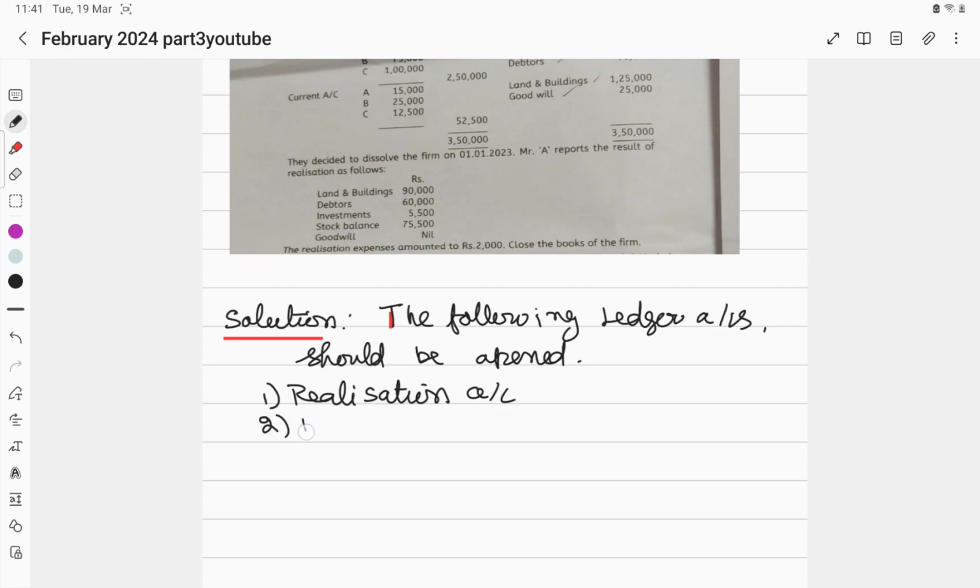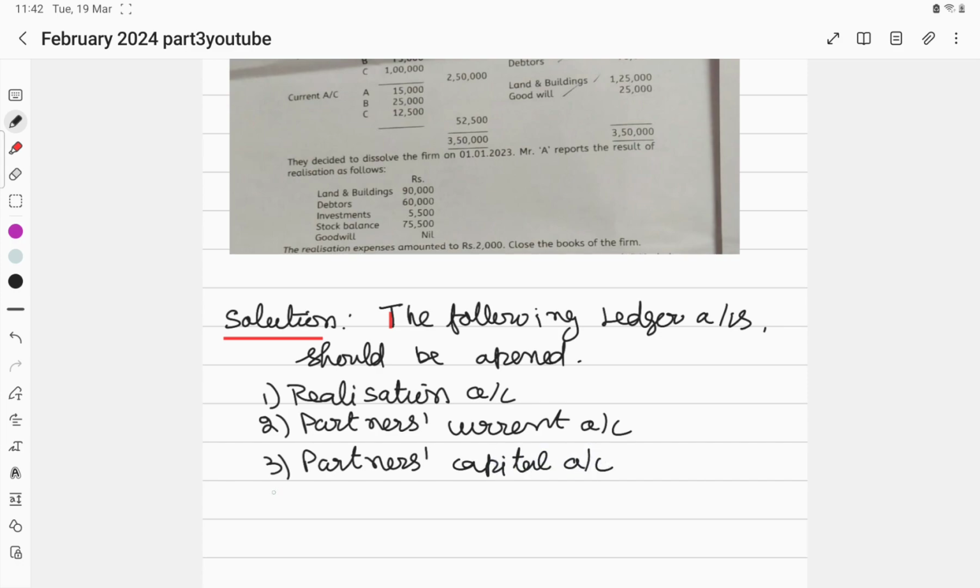Two, partners current account. After that, partners capital account. And bank account.